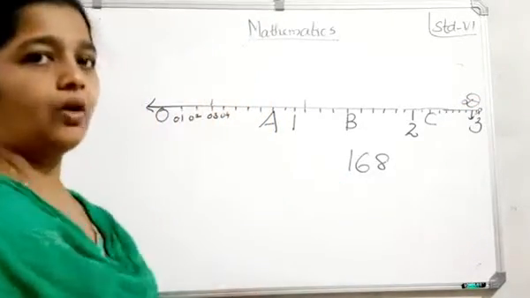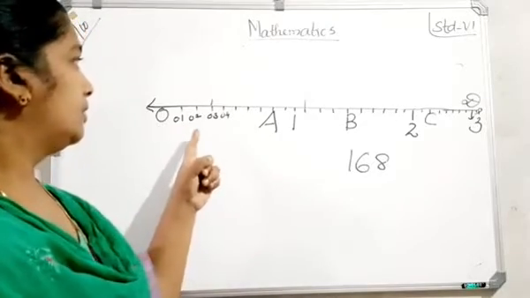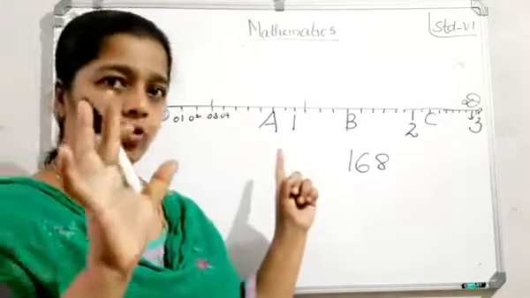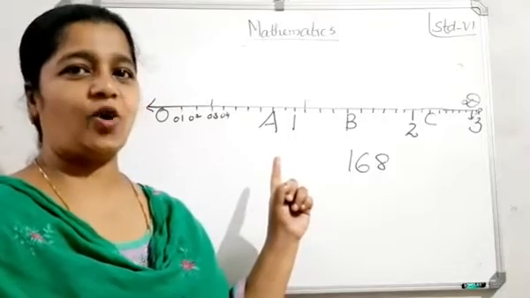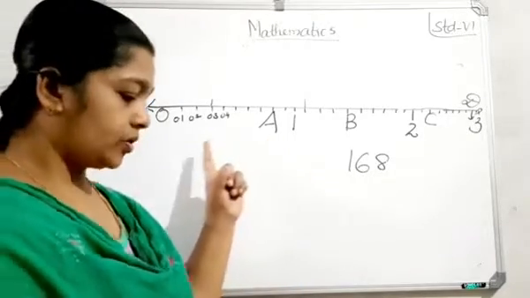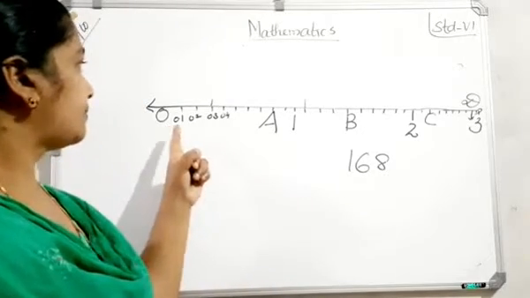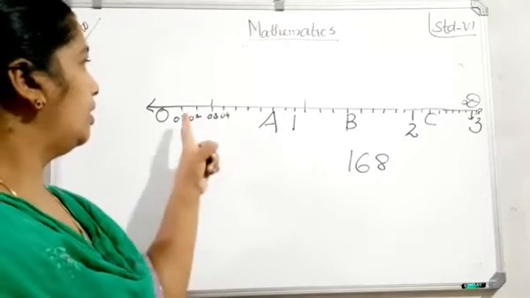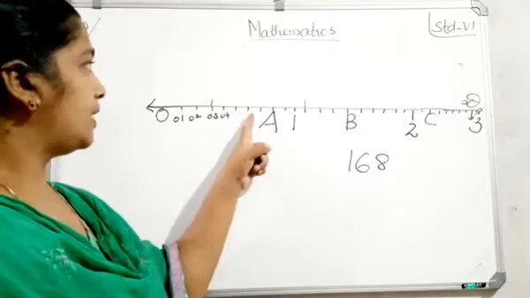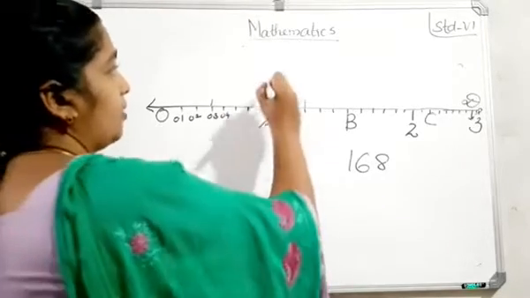Clear? All of you listen. Then you can write the answer in your textbook only. Understand? Open the textbook, question number 9. You can write the answer there. Question A: here 0.8.